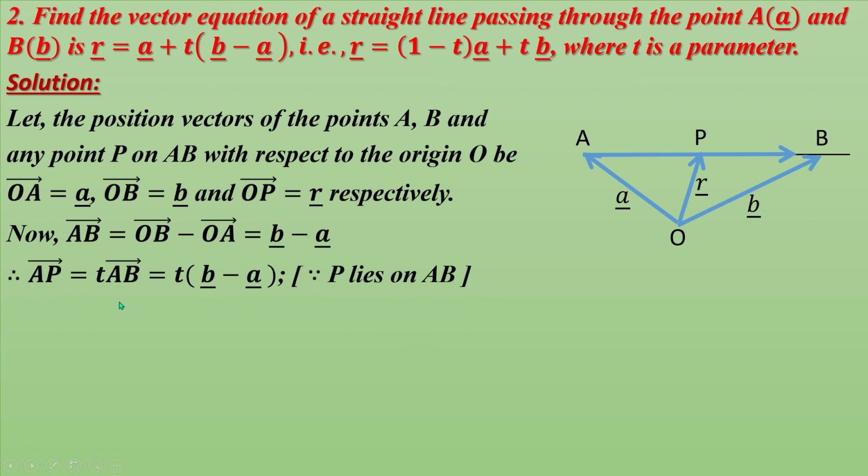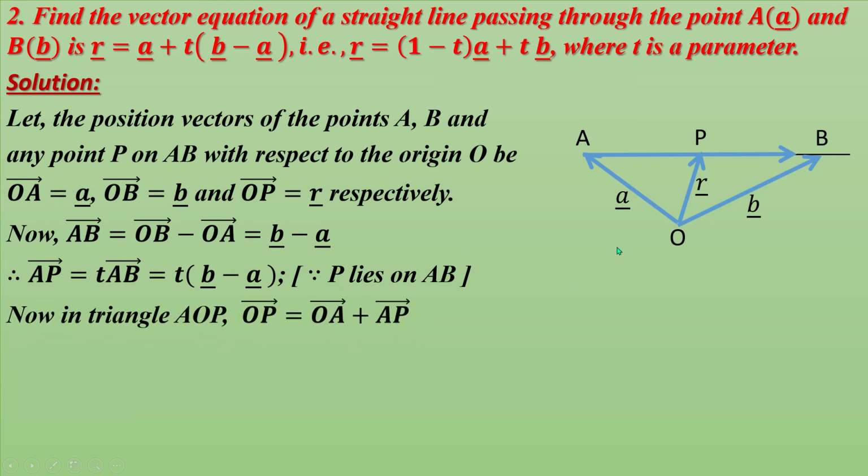Clear? But AB vector is equal to B vector minus A vector. Now also applying the triangle law of addition to vector OAP, that means OP vector is equal to A vector plus AP vector. Follow here. OP means OA plus AP.